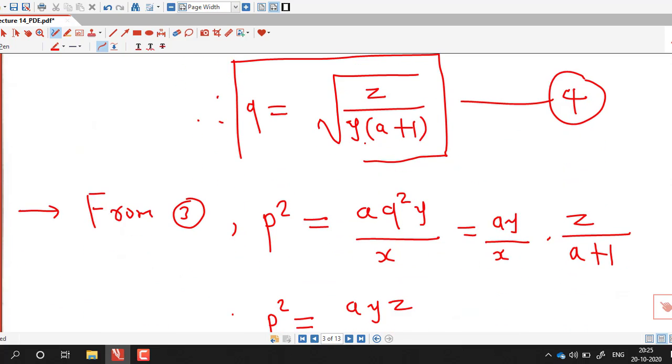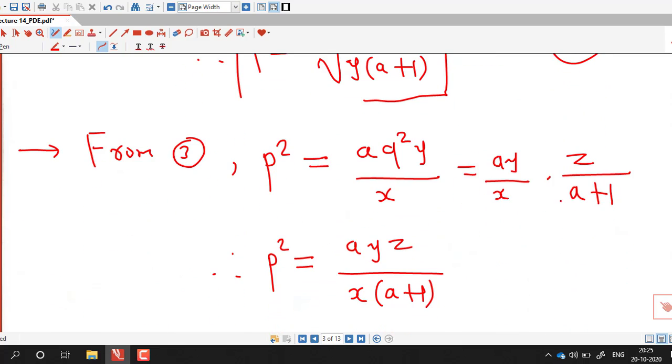q² is z upon y into (a plus 1). I made a mistake here. Here I have to write z upon y into (a plus 1). So this y will cancel out, and we are left with a z divided by x into (a plus 1).